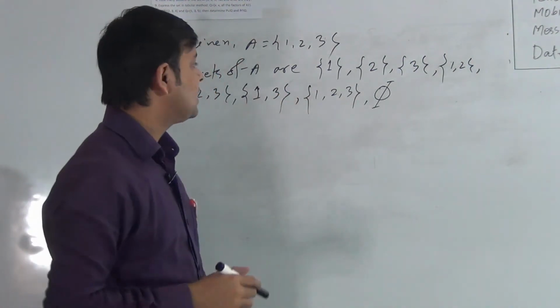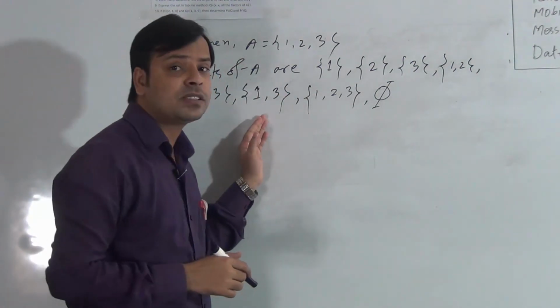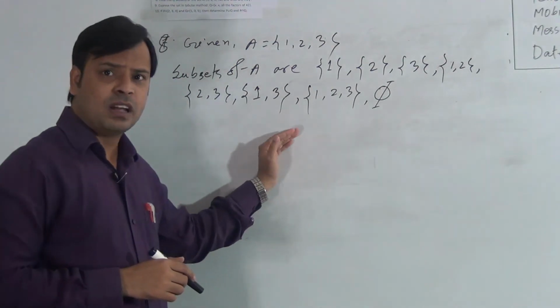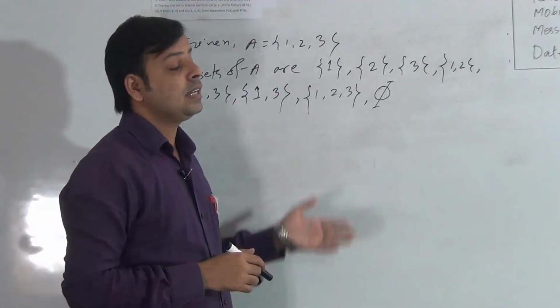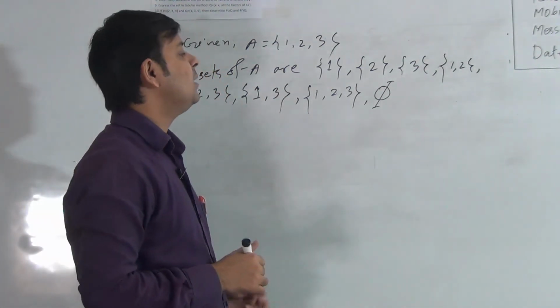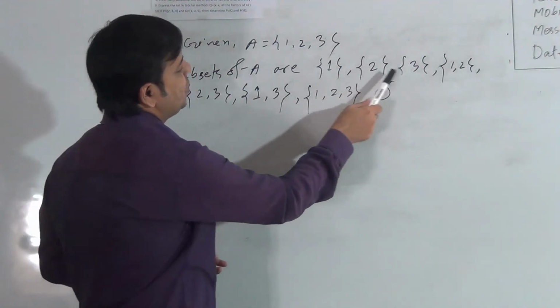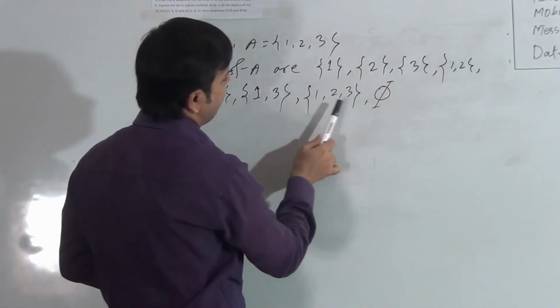Now how many subsets here? These are the subsets of A. If we count the subsets here, we will get how many? 1, 2, 3, 4, 5, 6, 7, 8.